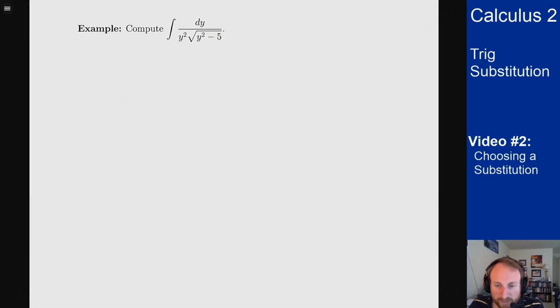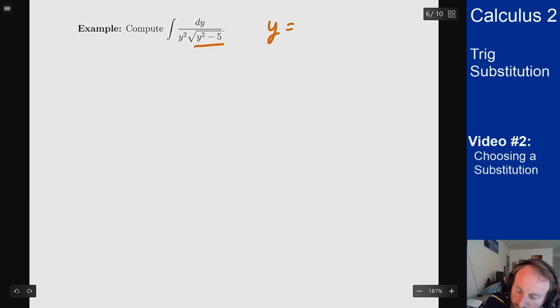This looks fairly complicated, but the key thing to spot here is the y squared minus 5. If you look back to our previous page of notes, seeing y squared minus a squared tells me that this should be a secant substitution. So I want to set y equal to root 5 secant of theta.